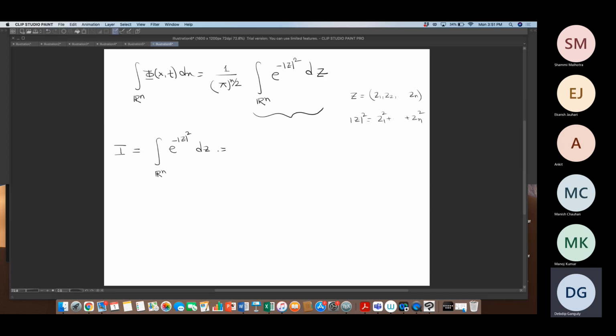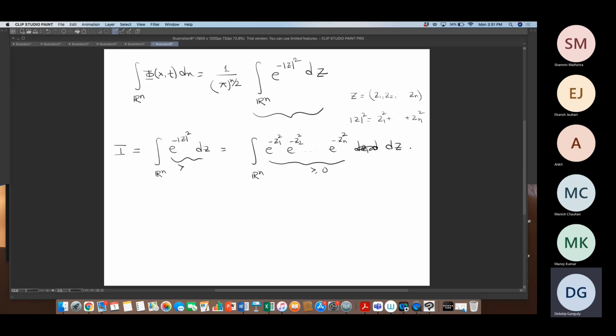So this is nothing but the integral over Rn of e to the power minus z1 square into e to the power minus z2 square dot dot dot e to the power minus zn square dz. So these are all positive functions.